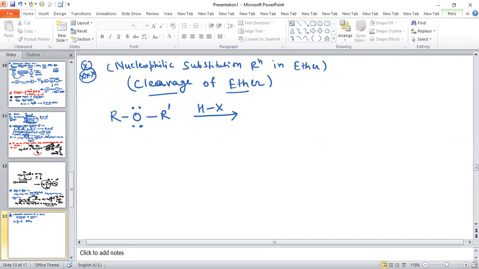Basically, it depends on R and R dash. R means an alkyl group.